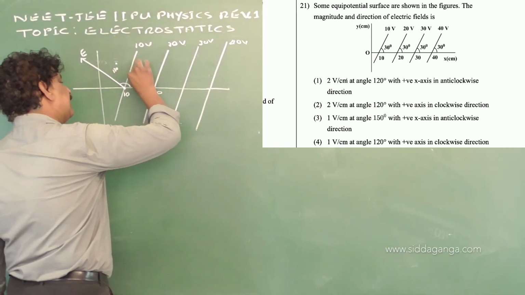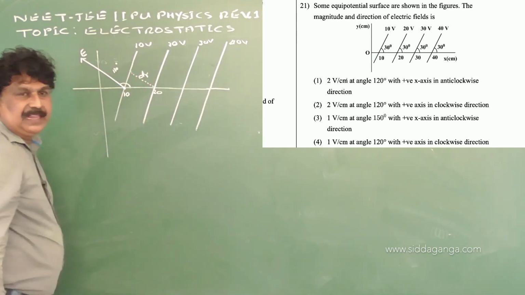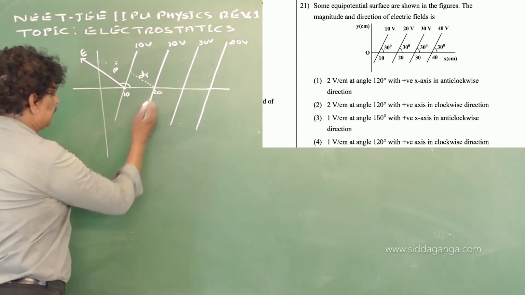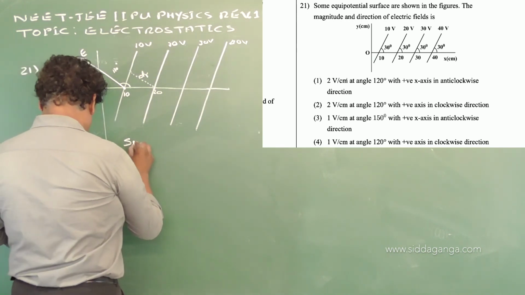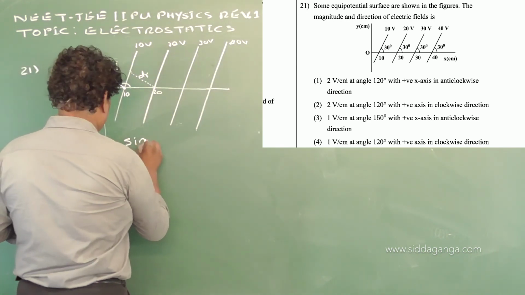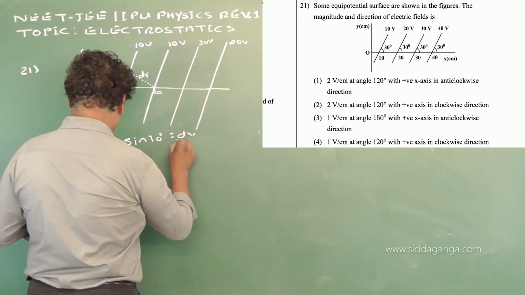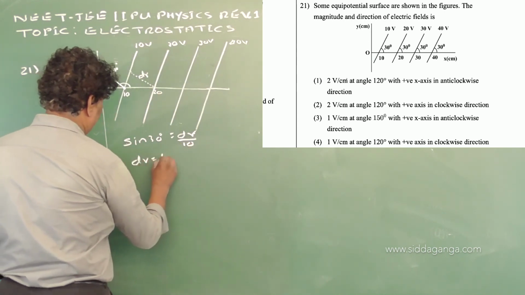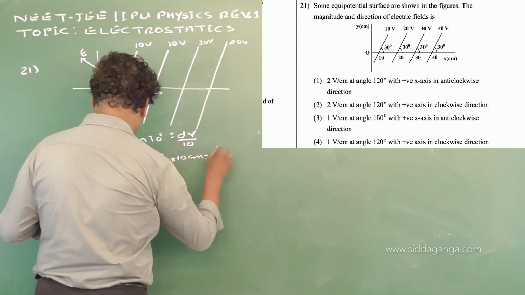Now we can take this distance, the perpendicular distance between the 2 points on the equipotential surfaces. We have sine theta, sine 30 degree, is equal to dr by 10, or dr is equal to half into 10 centimeter, that is equal to 5 centimeter.